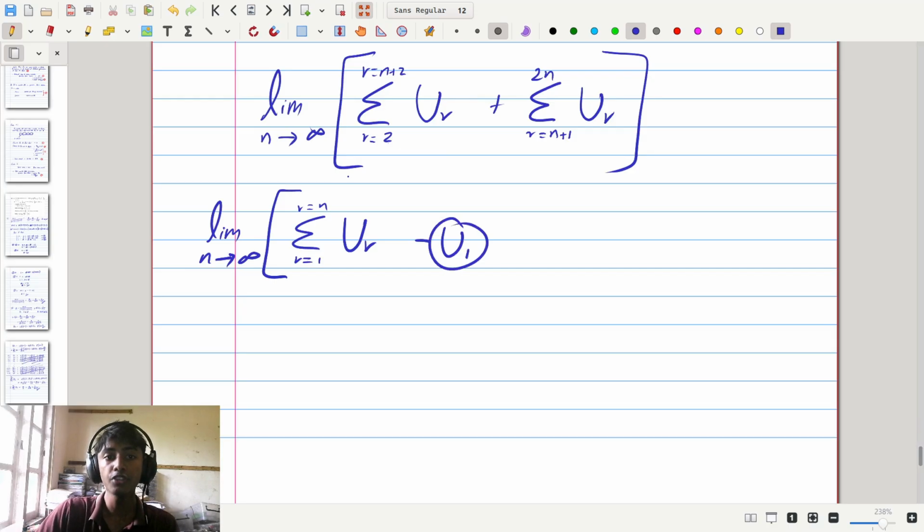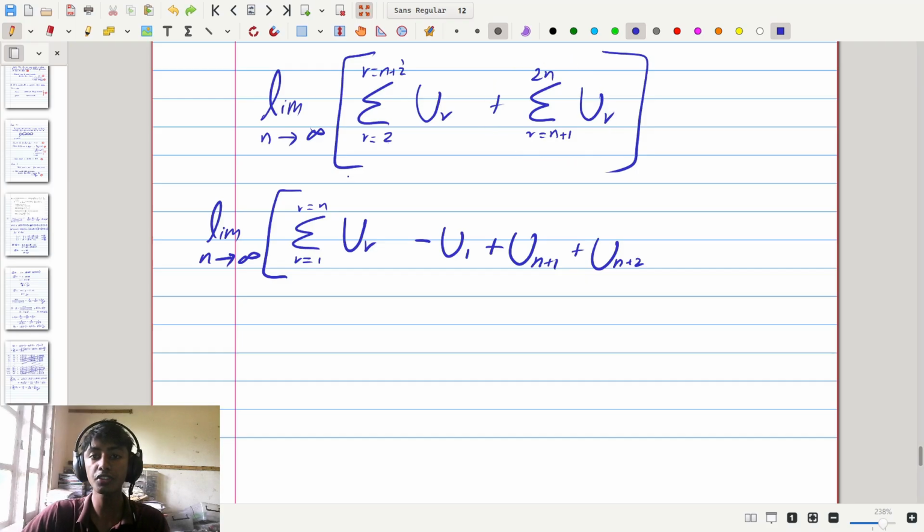Since I also removed the terms when r equals n plus 1 and r equals n plus 2, I had to add them separately as u of n plus 1 and u of n plus 2, and to that I can add the last term, which is the sum from r equals n plus 1 up to r equals 2n of u of r.